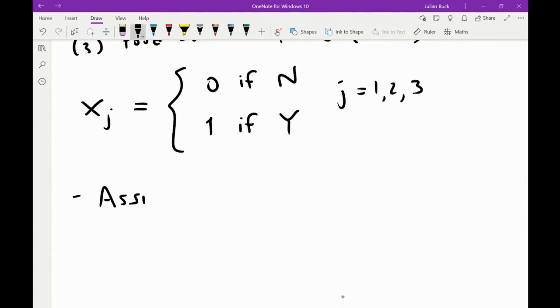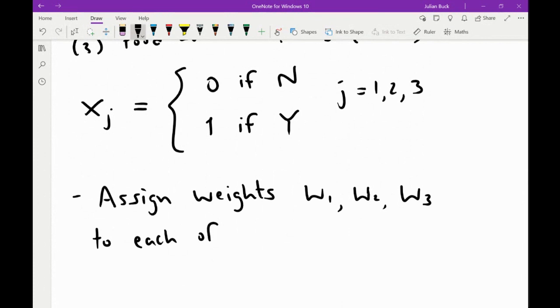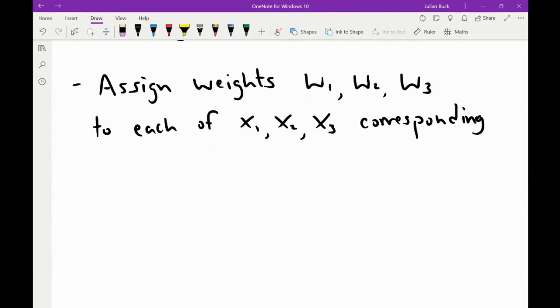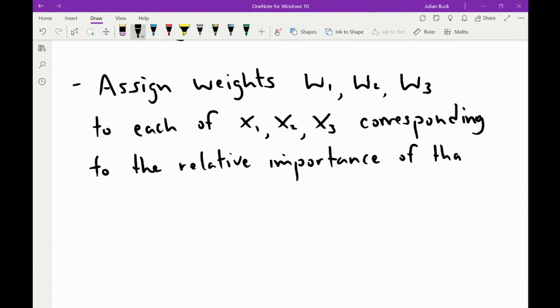So next what we do is we assign weights w1, w2, w3 to each of x1, x2, and x3, corresponding to the relative importance of that factor in the decision-making process.